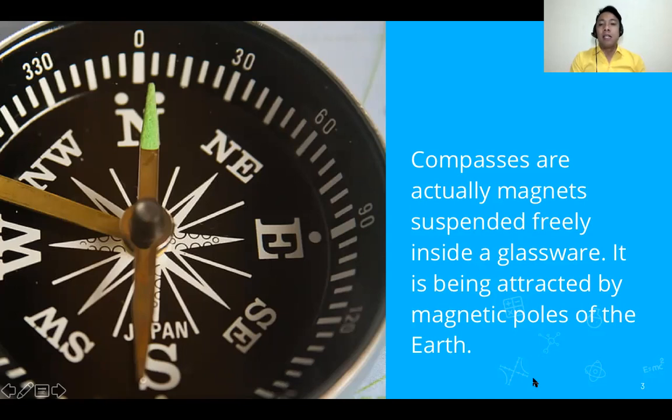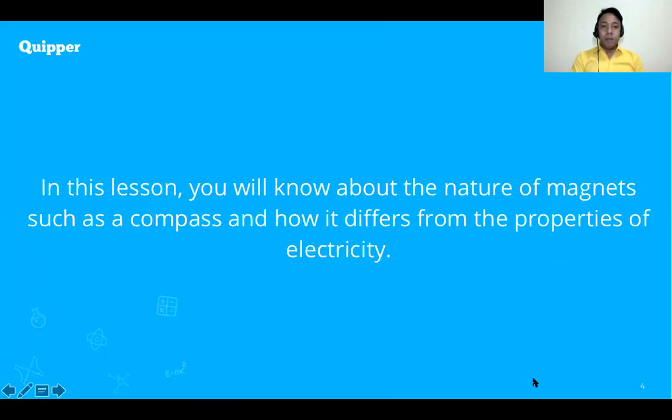So let us dig more about this magnetism. In this lesson, you will know about the nature of magnets, such as a compass, and how it differs from the properties of electricity. Why do we need to do this?